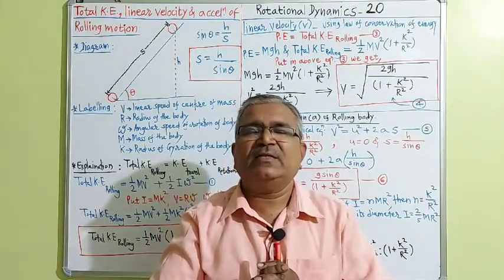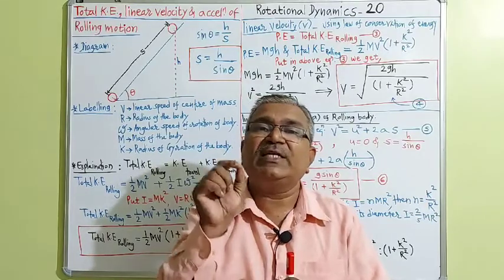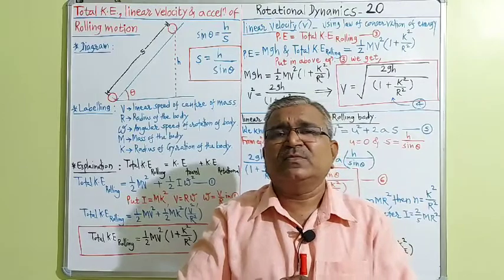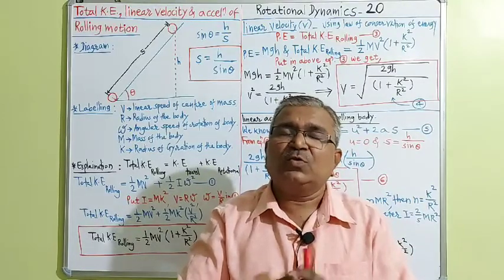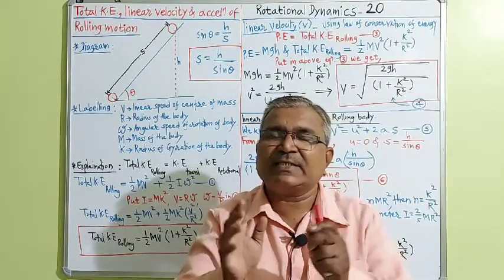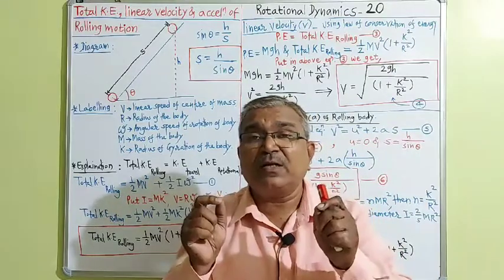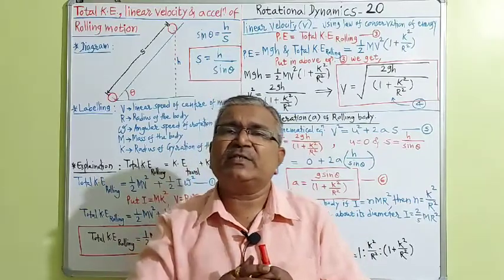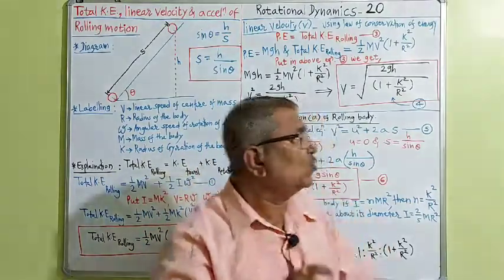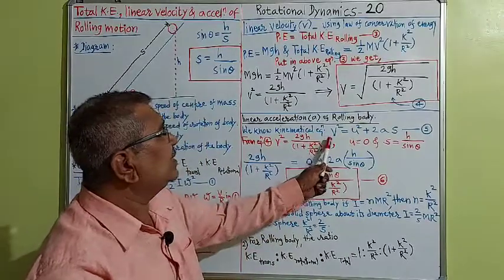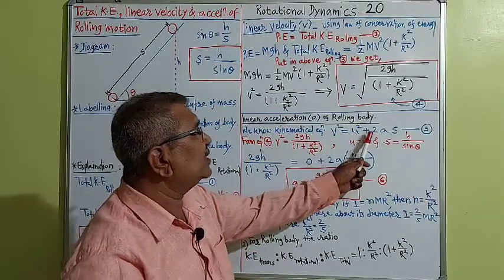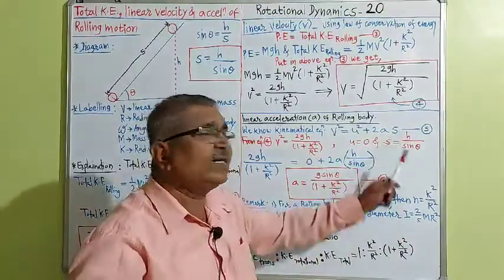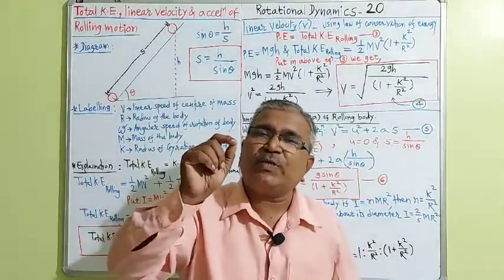Okay, then we have to calculate linear acceleration. What is linear acceleration of rolling motion? To calculate linear acceleration, remember our kinematical equation. What is our kinematical equation? Kinematical equation we know, that I have written on the board, is v square is equal to u square plus twice as, where a is a linear acceleration and s is a displacement of rolling body.